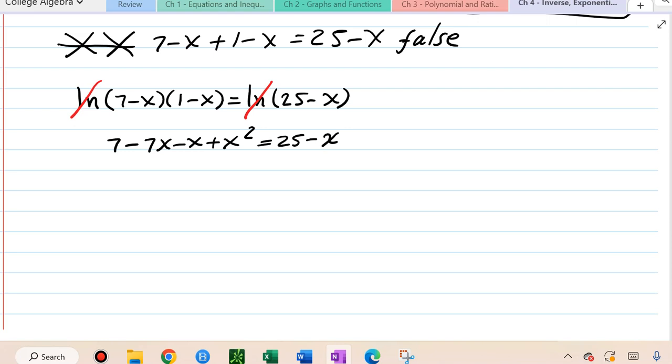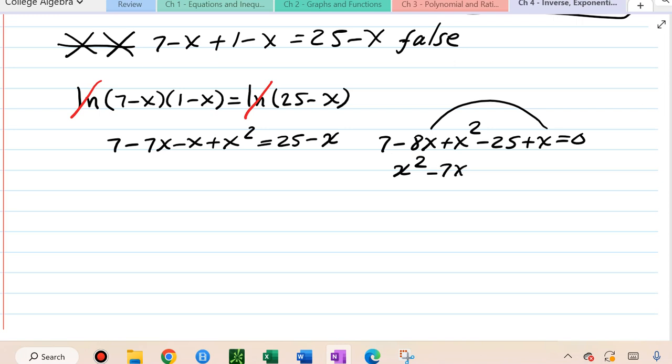So I get 7 minus 8x plus x squared. I'm going to move these two terms to the other side. It becomes negative 25 plus x equals 0. And now rewrite: x squared, negative 8x and x is negative 7x, negative 25 and 7 is negative 18, equals 0. I just simply combine like terms.